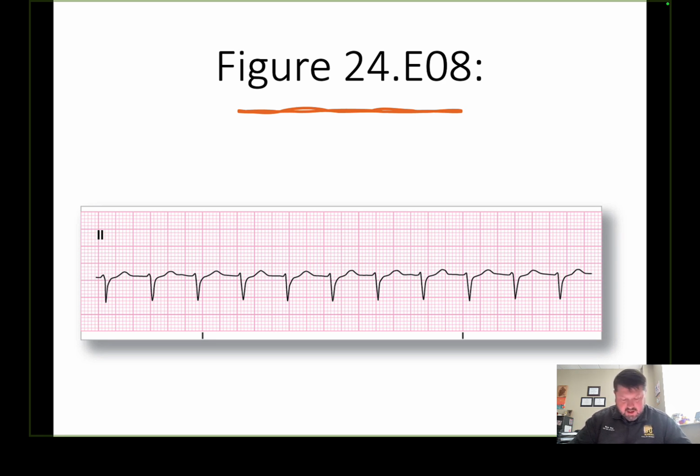I've got a rate of 1, 2, 3, 4, 5, 6, 7, 8, 9, 10, 11. I've got a rate of 110. I've got a regular rhythm, no P waves, no PRI, and a QRS of right at 0.10 seconds. So a rate of 110 still makes it a junctional tachycardia.